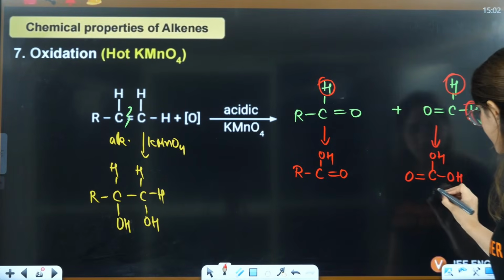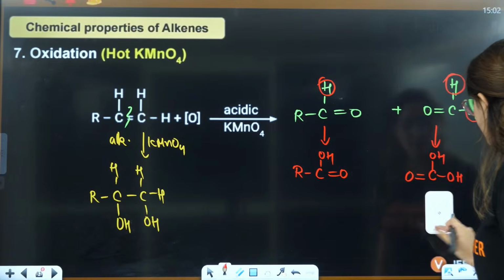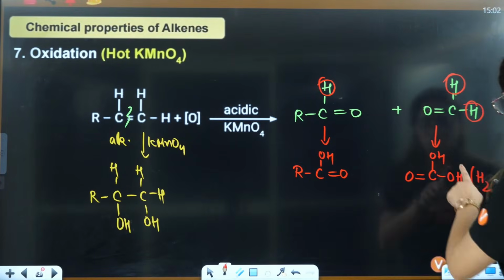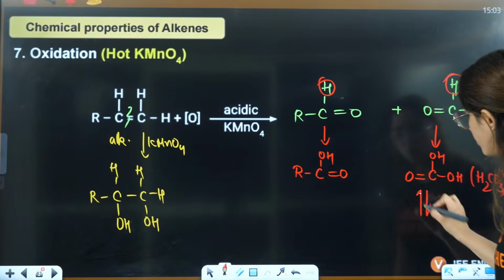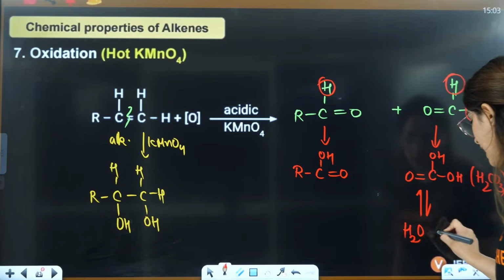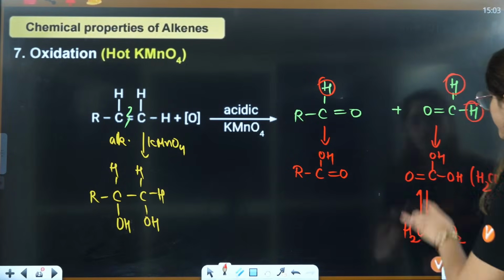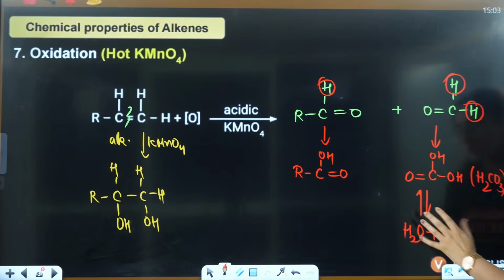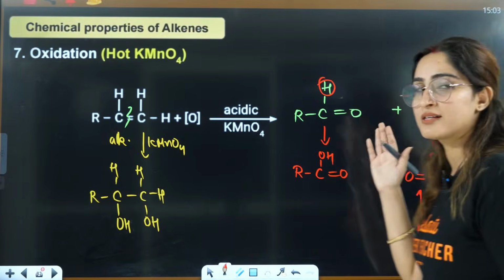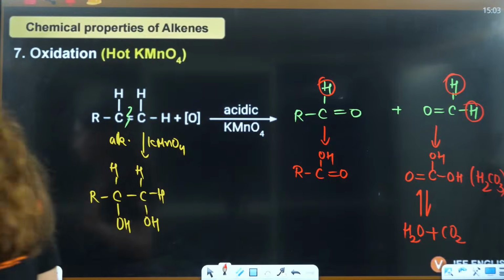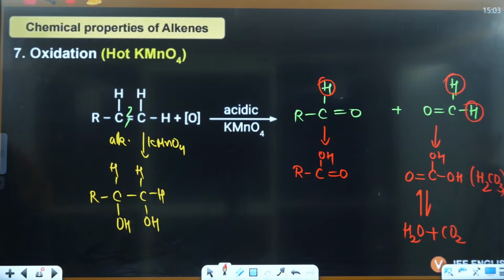This is actually H2CO3, which is further dissociated to H2O and CO2, because two OH on one carbon are not stable. This is your RCOOH and this is the final answer here, right? Okay.